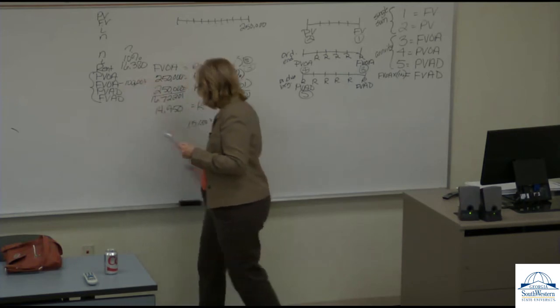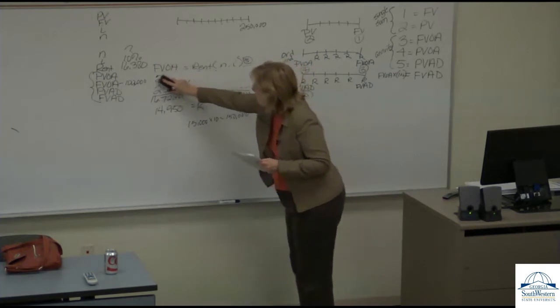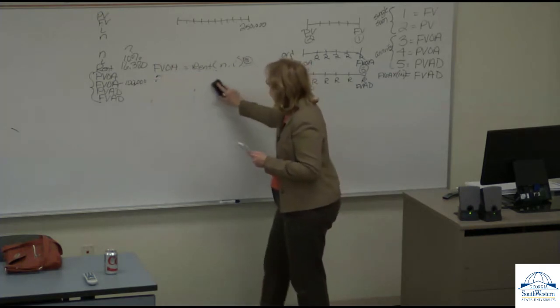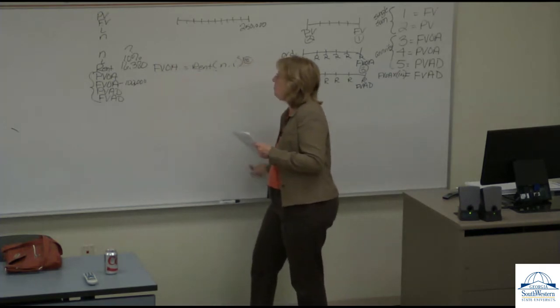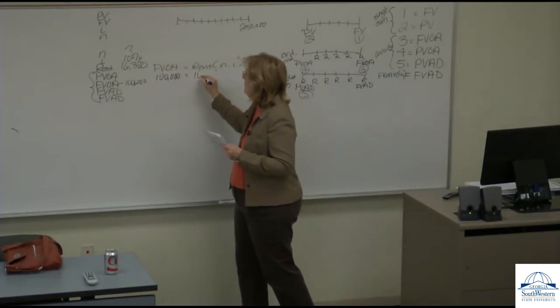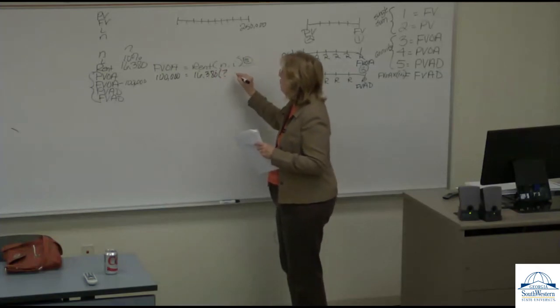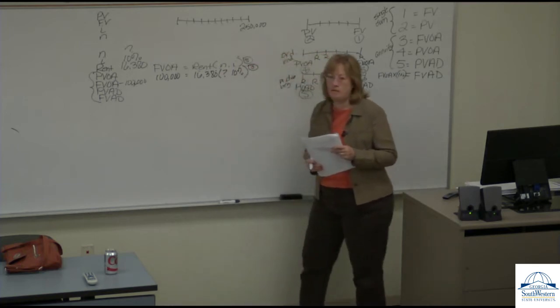Okay, so this is the same kind of problem, right? So our future value is 100,000. Our rent is 16,380. Our N is the question mark. I is 10%. We're going to look on table 3, right?